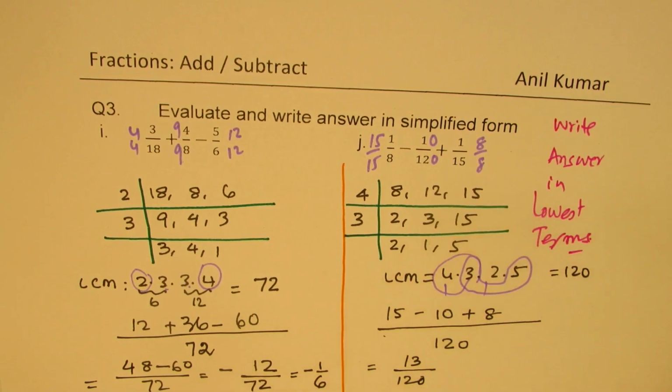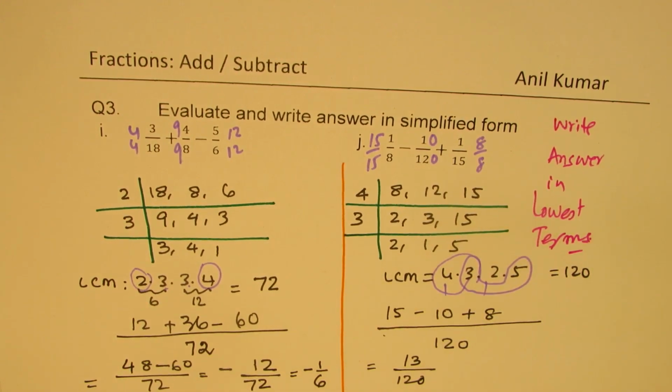Is that clear to you, right? That may be a part of your question at times. Even if it is not, you should be writing in the lowest terms, or at times, if you get improper fractions, as a mixed number.